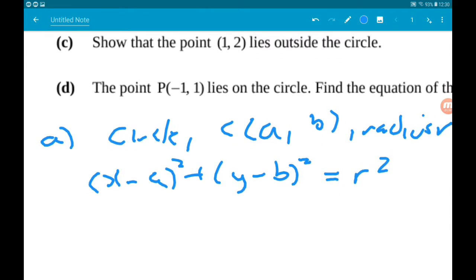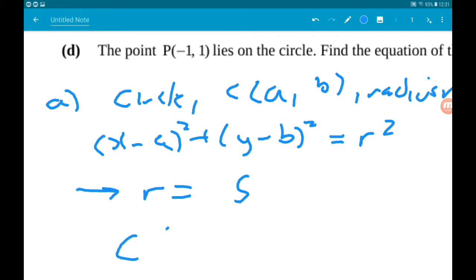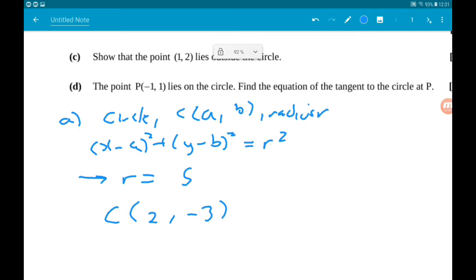So that means then for us our radius is the square root of 25, which is 5, and our x coordinate of the centre, we have x minus 2 squared, so that's positive 2, and we have y add 3 squared, so that's minus 3. So there is part A done.